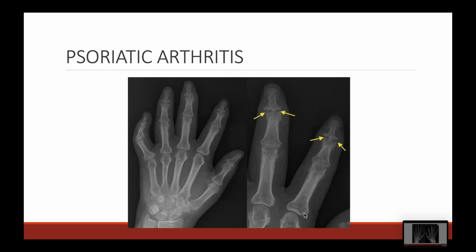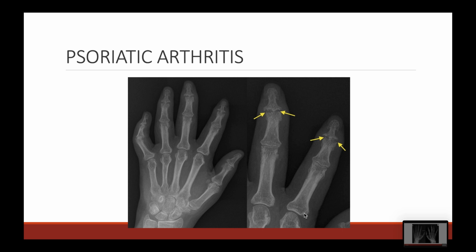As well as this, now we want to talk a little bit about psoriatic arthritis. We briefly mentioned it in the seronegative spondyloarthritis section. Typically, you would see a typical appearance on X-ray of this pencil-in-cup appearance, and it mostly affects the distal interphalangeal joints.